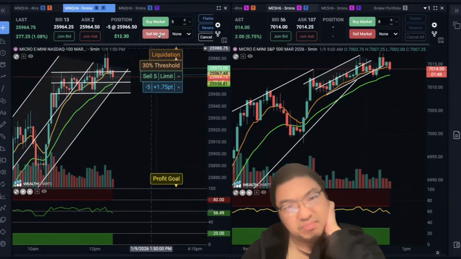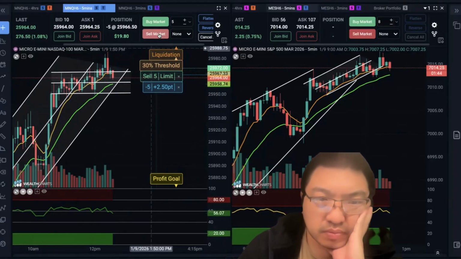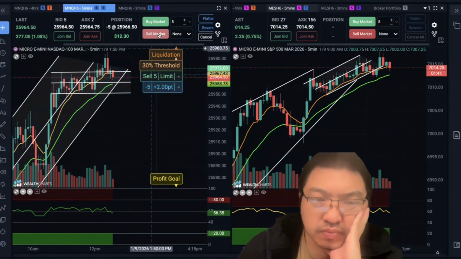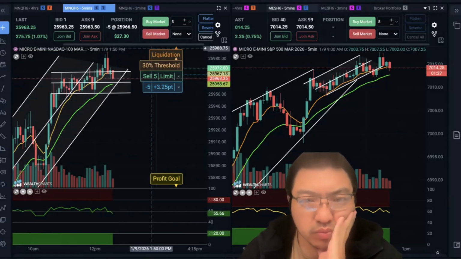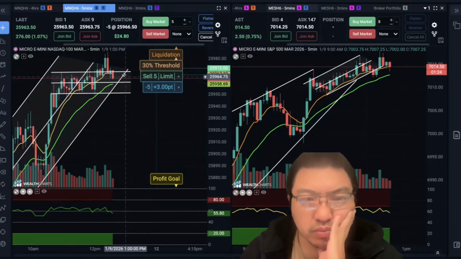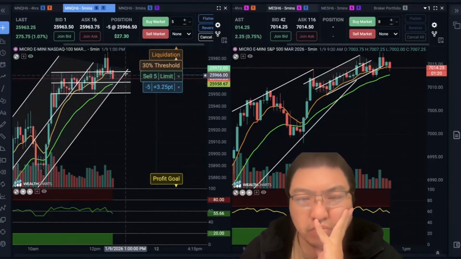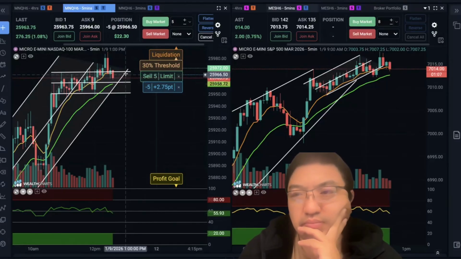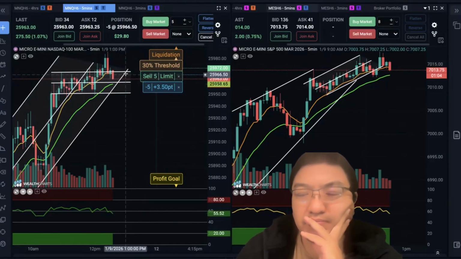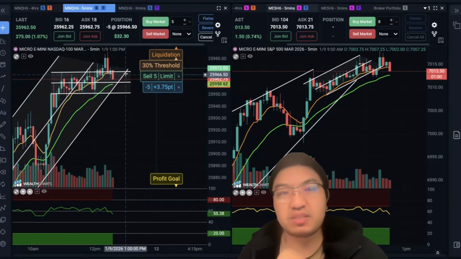Two more minutes. Now it's engulfing, even ES is engulfing.